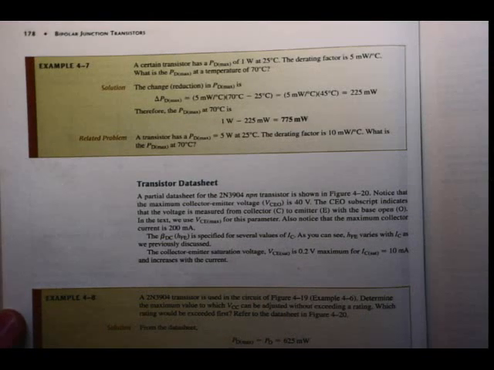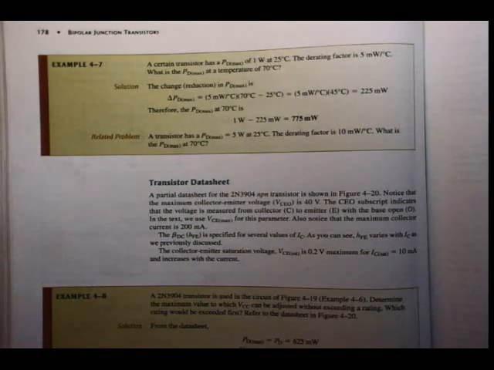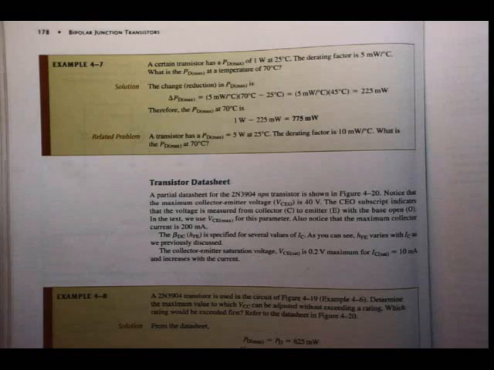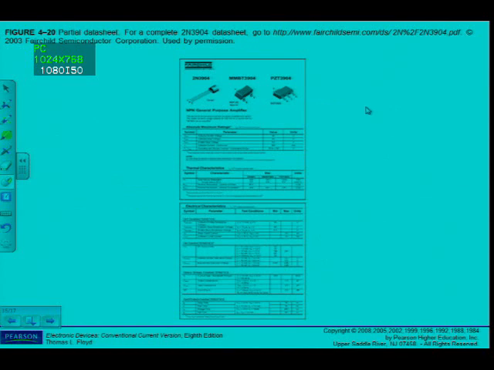Okay, then we get to the transistor data sheet. We have to be able to get some of the important information from the data sheet. I think you will have to follow me in your textbooks because this doesn't display very clearly.